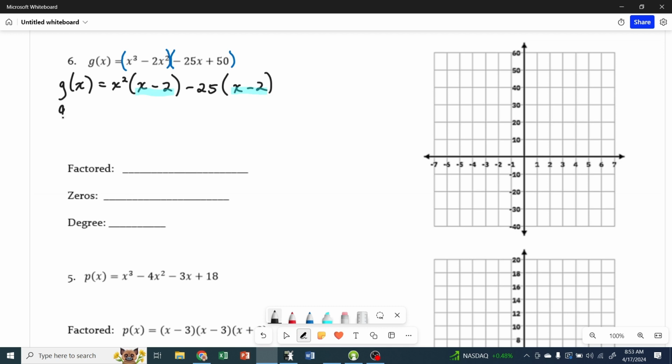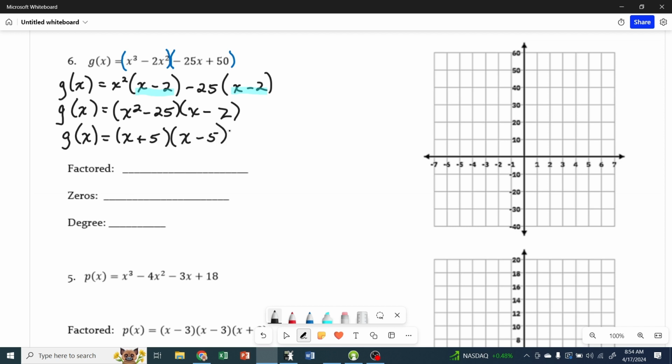So we're going to end up with g of x is equal to x squared minus 25 times x minus 2. And again, we have a difference of squares in the first binomial there. So I'm going to factor that quickly. So perfect squares, x plus 5 and x minus 5, and then x minus 2.